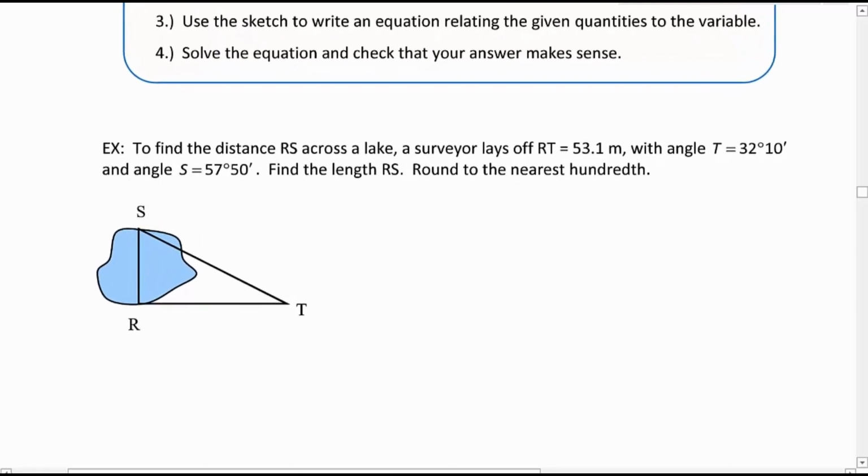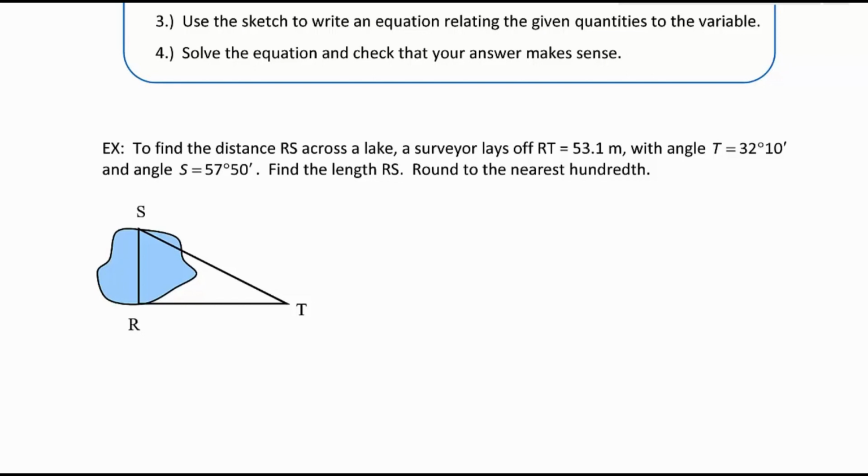Although my picture looks like there's a right angle there, there is no proof by picture, and you're going to find your diagrams are not always to scale. So we have to prove that there is a right angle before we can use our right angle trig definition.